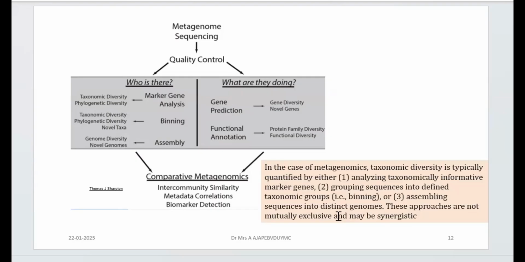Of course, not at a time only a single one you are going to handle, or there is no specific sequence. At a time, you will have to run all the three approaches. Maybe you are going to group the sequences first and then go for analyzing the taxonomically informative markers. Right. So when I say marker gene, let's take a very simple example. If I say rhizosphere bacteria like Rhizobium, the marker gene would be the nitrogenase enzyme gene, isn't it?